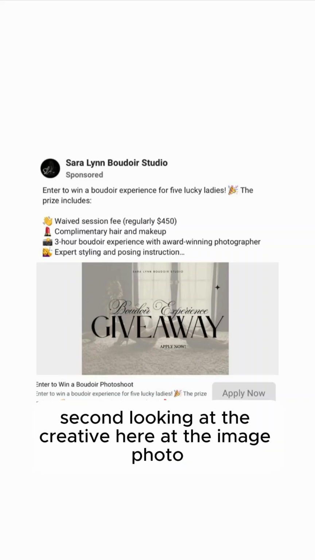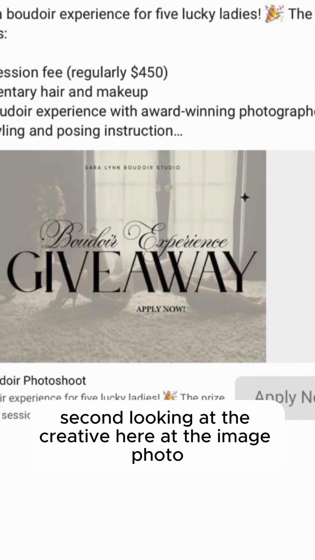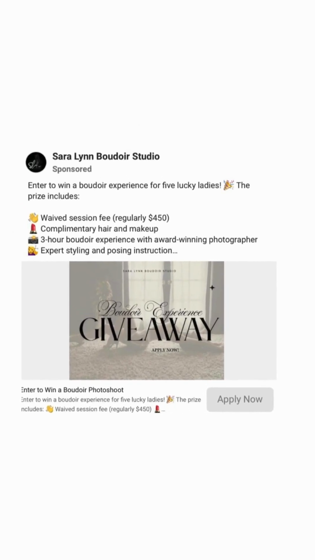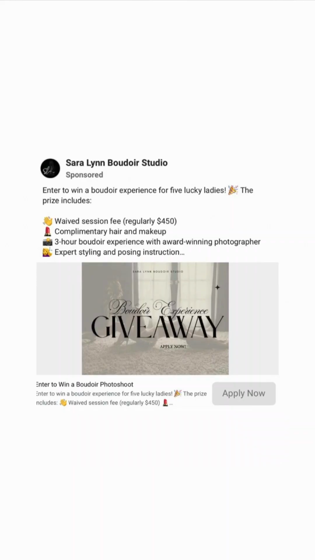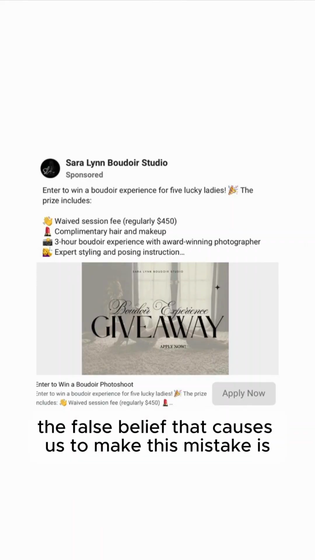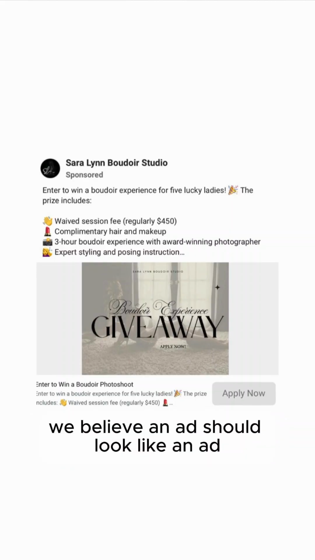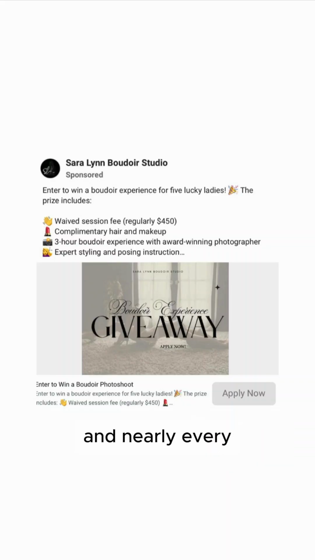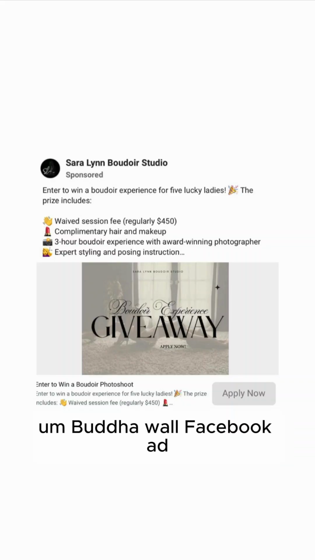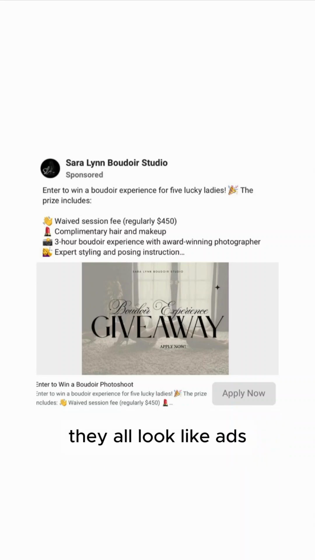All right, second, looking at the creative here, looking at the image photo. So we got the, looks like an ad mistake. The false belief that caused us to make this mistake is we believe an ad should look like an ad because that's how we've seen most ads on Facebook and nearly every Boudoir Facebook ad. They all look like ads.